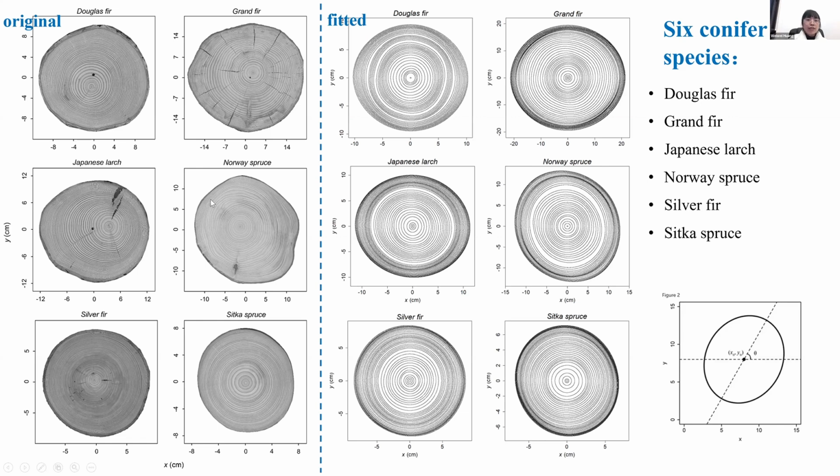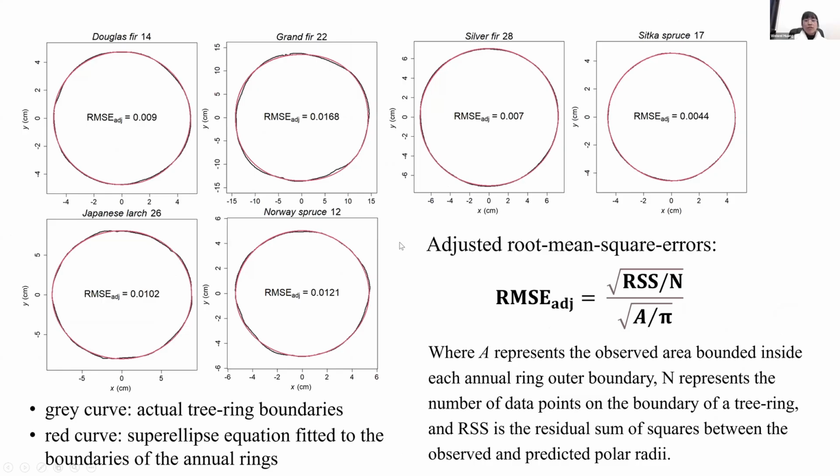What we found is that as the tree grows, its geometric center changes and moves. We call this eccentricity, but it doesn't prevent the superellipse function from fitting the tree ring shape. Then let's go to some results.